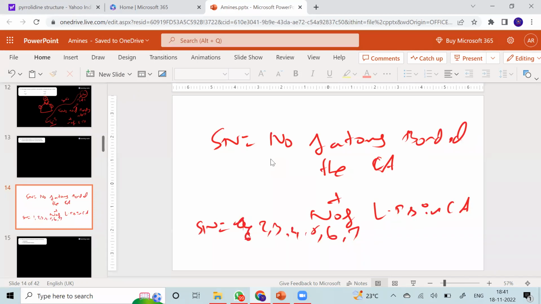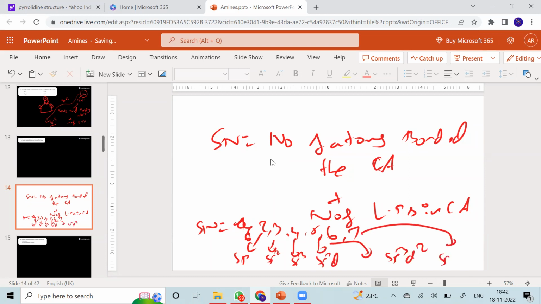Now 1 is not possible, sorry, minimum is 2. So 2 is sp, this is sp2, this is sp3, this is sp3d, and 6 is sp3d2, and 7 is sp3d3. That's it. All you have to remember is the formula, and with the steric number, what hybridization. That's it.